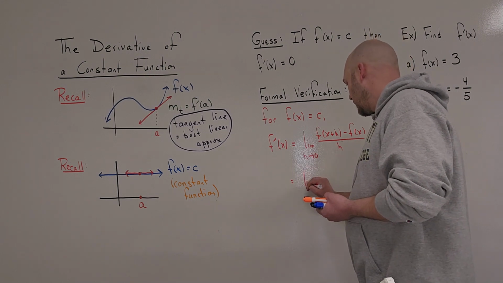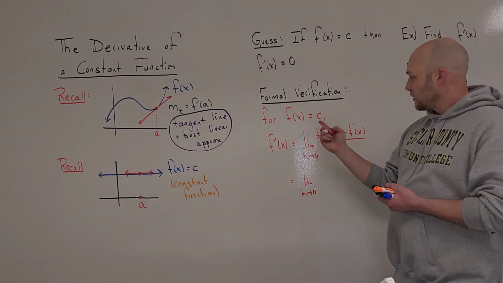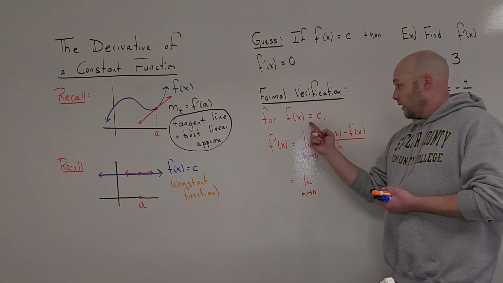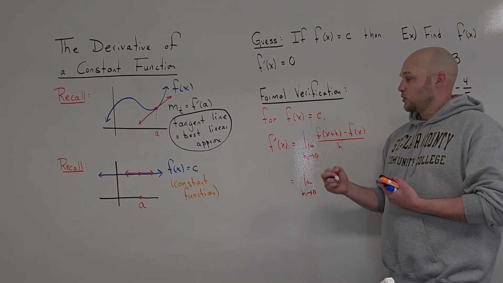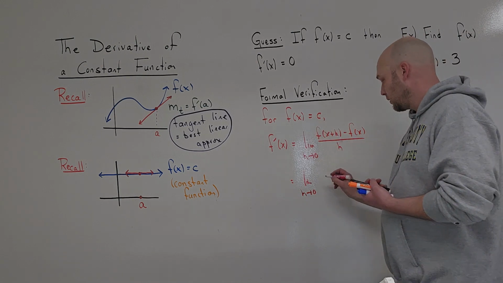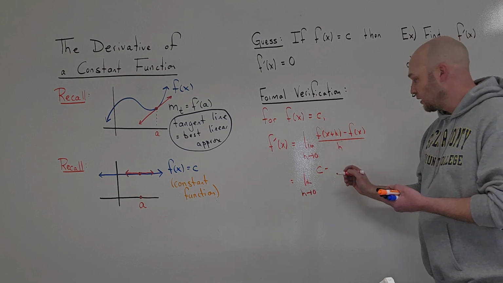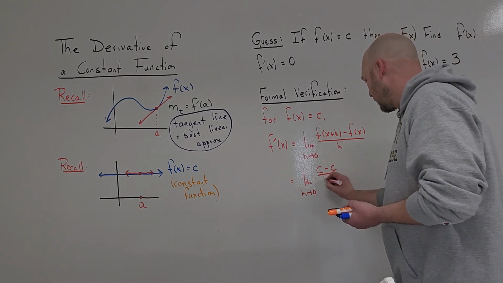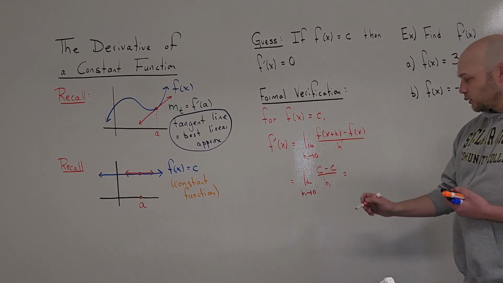All right, now for this particular function, f of x equal to c, the output is always c, no matter what the input is. So therefore, if I plug in x plus h, the output is c, minus f of x, which is c, over h.